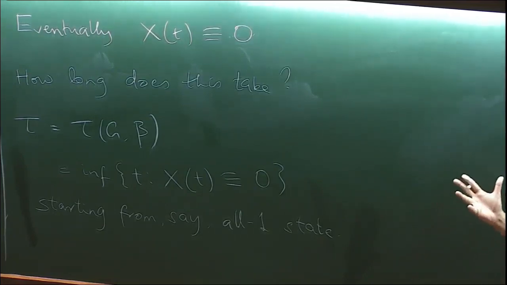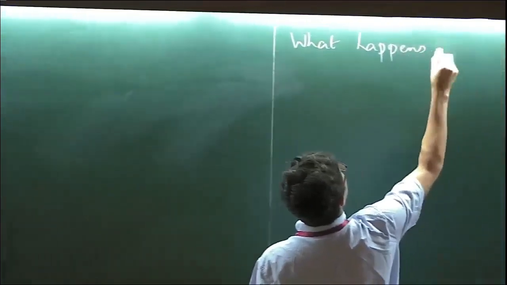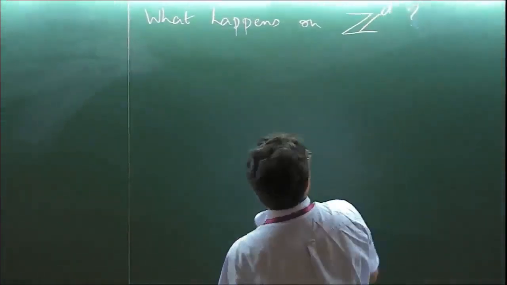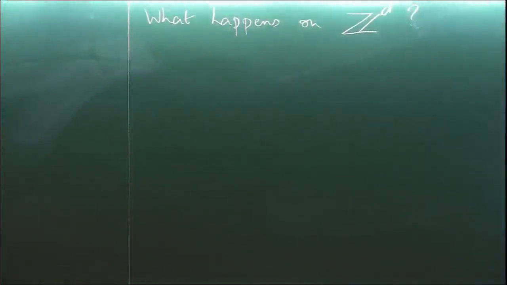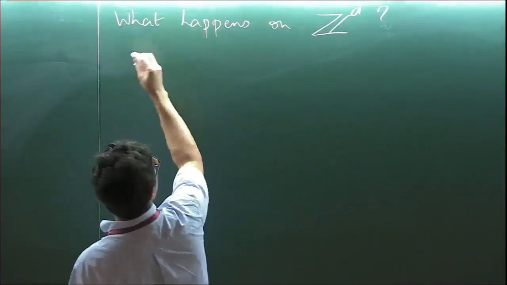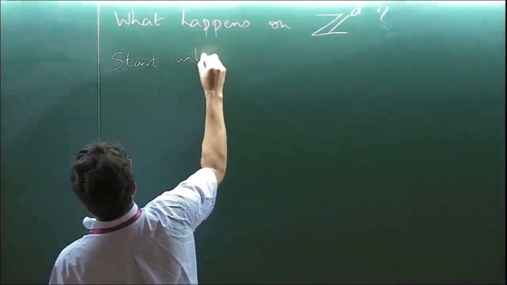We are interested in this question on finite graphs, but let's start by asking what happens on certain infinite graphs. So what happens on Z^d? So the infinite d-dimensional lattice. Here, let's say, start with just the origin infected.